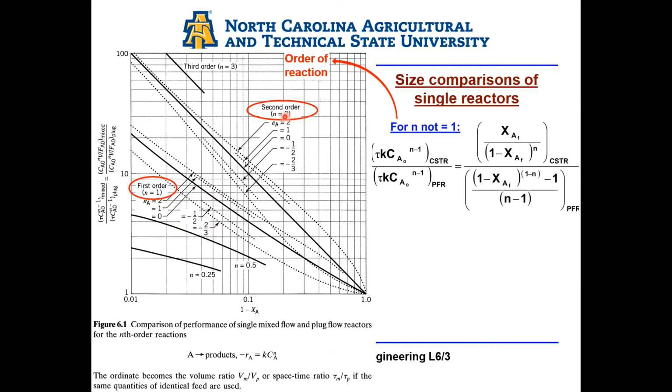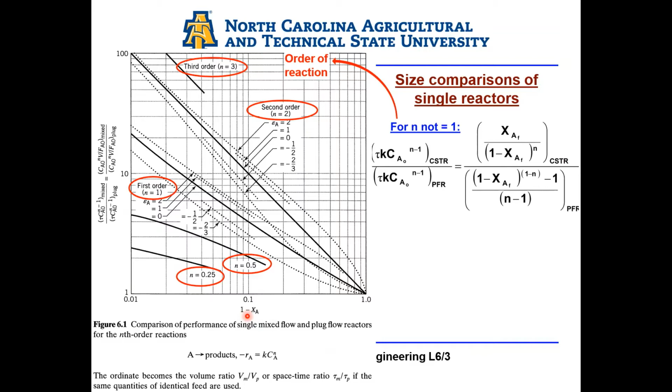Similarly, for n equals 2, a second order reaction, and for a third order reaction, we also have lines, and for less than first order, 0.25 order, 0.5 order, we also have these lines. This chart allows you to easily get an initial estimate of what you expect this ratio of the two reactors would be.